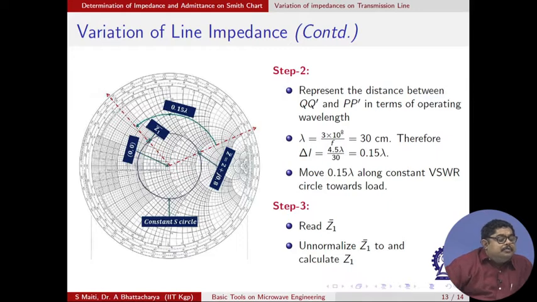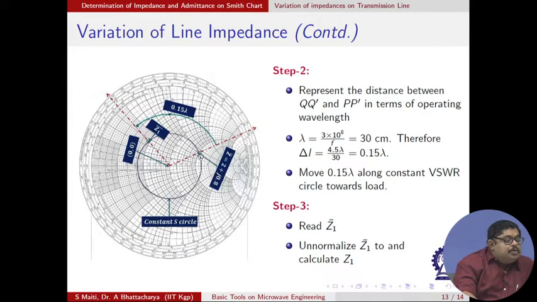Lambda for your 1 gigahertz frequency is the speed of light, 3 into 10 to the power 8 meter per second, divided by f, so that is 30 centimeter. So how much is 4.5 centimeter in terms of lambda? That is 0.15 lambda.